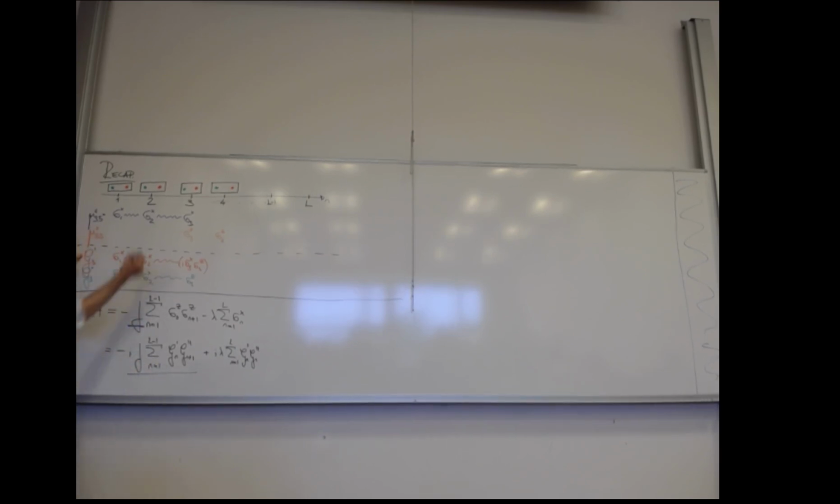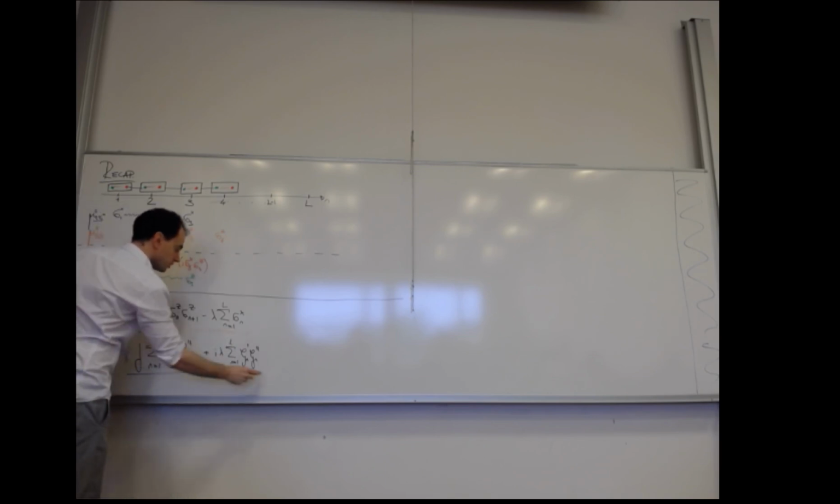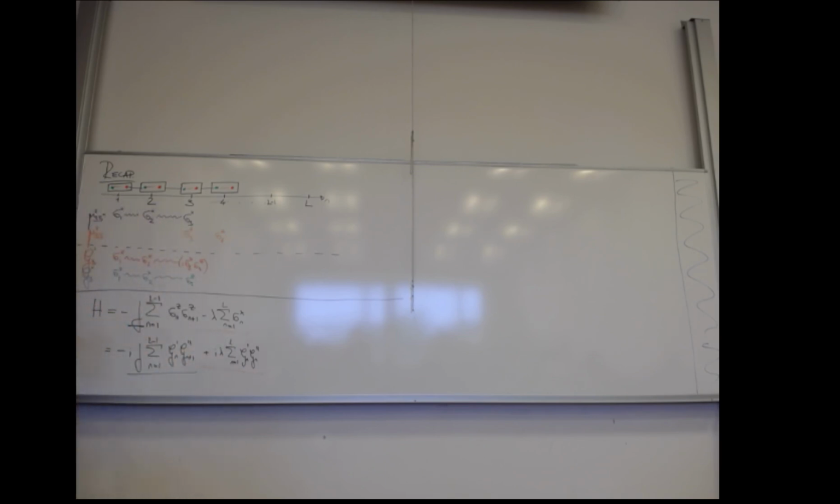So this guy here is a hopping of Majoranas across the boxes. What you can see here is that each box represents one qubit, and we've written each qubit with the help of these two Majoranas. And the J is hopping across the boxes, and the lambda is hopping within the boxes. And then the two limits, which we discussed yesterday, and I wanted to repeat this briefly because I was sort of rushing through it.